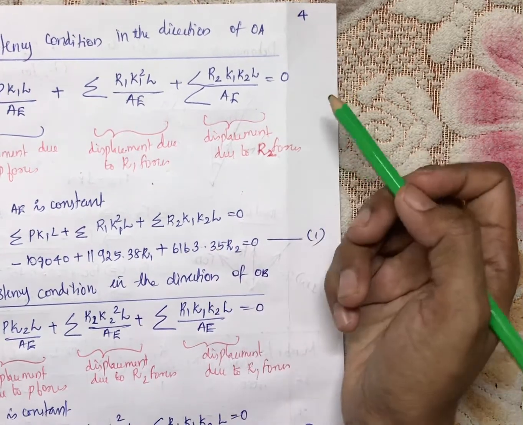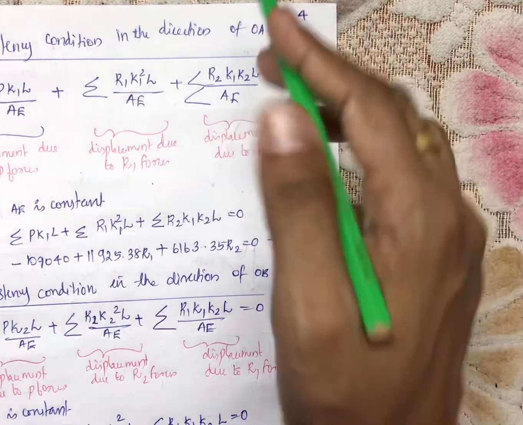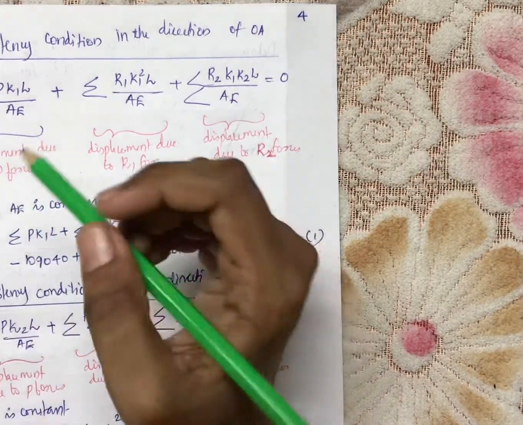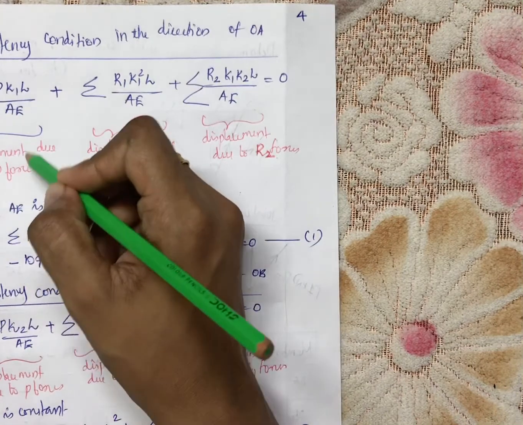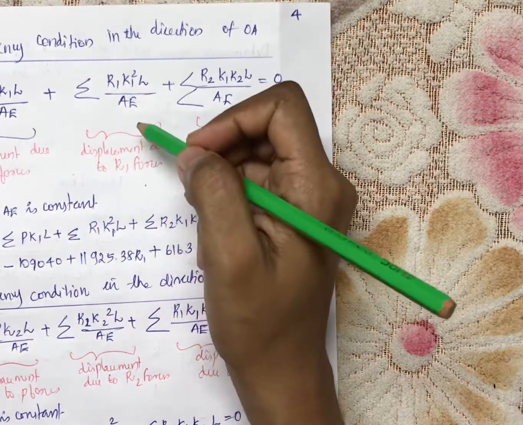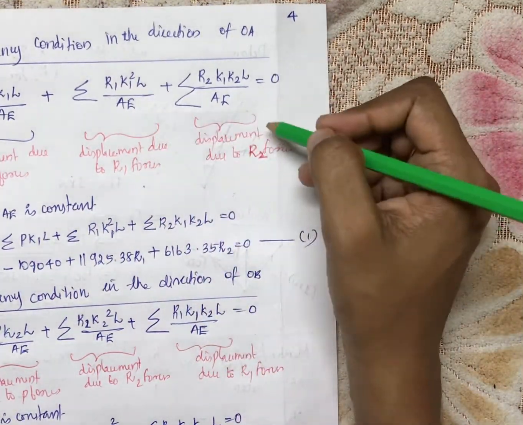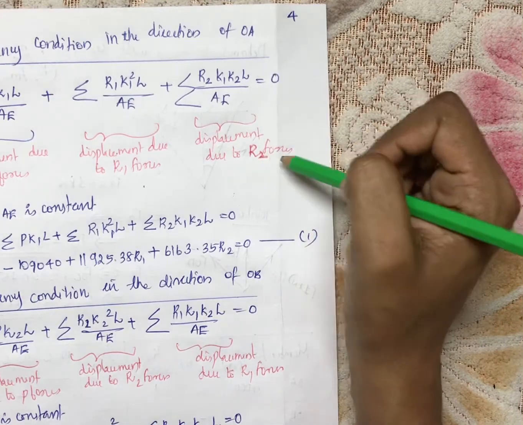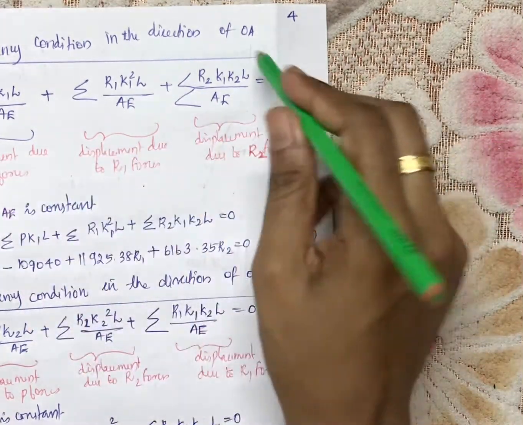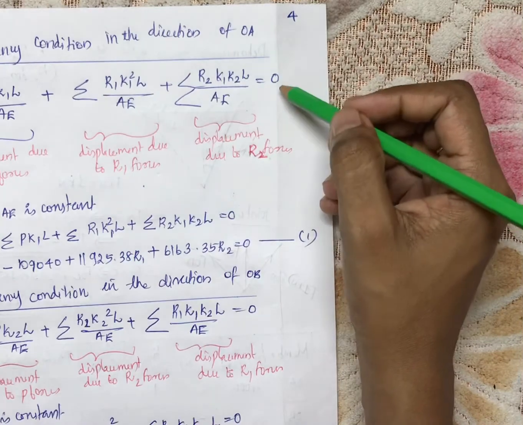While considering the member OA, we have to consider the effect of P forces, then R1 forces, and also the displacement in OA due to the R2 forces. So all that displacement at OA is equal to 0.